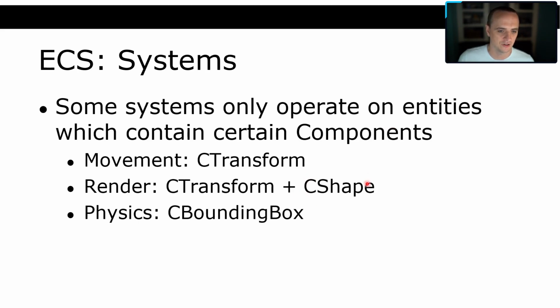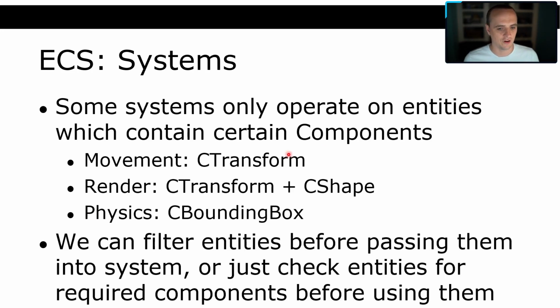And when we get into future assignments, this will be, instead of just a shape, a sprite with some graphics data. Similarly, our physics system only wants to operate on things that have bounding boxes, right? Because the bounding box is the thing that tells our physics systems when things collide. And so we can filter entities. Whenever we make these systems, we can do this one of two ways.